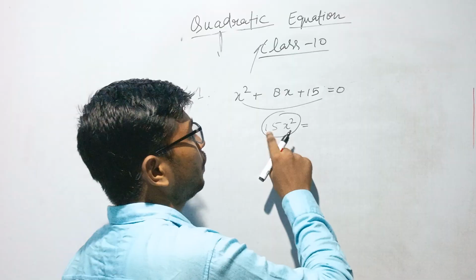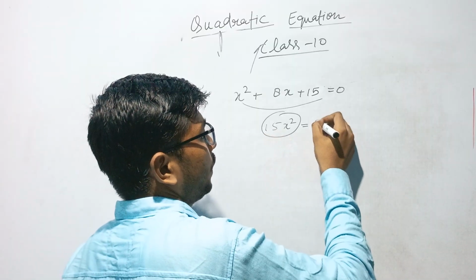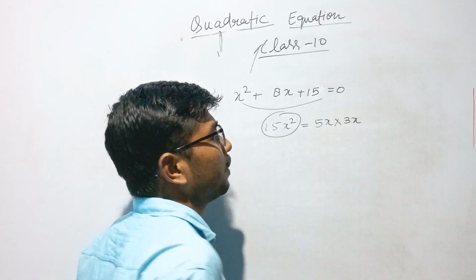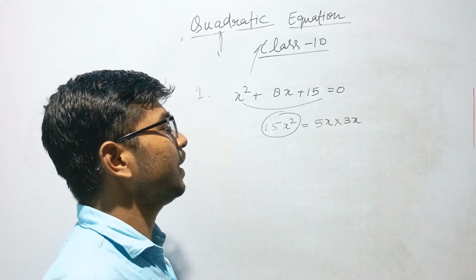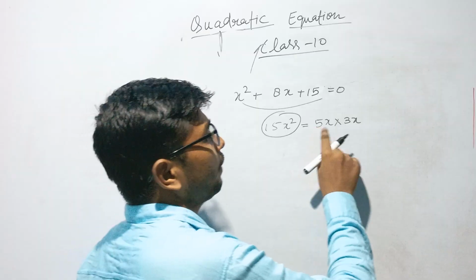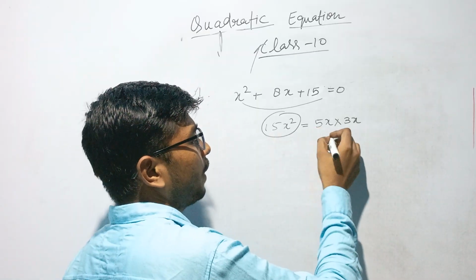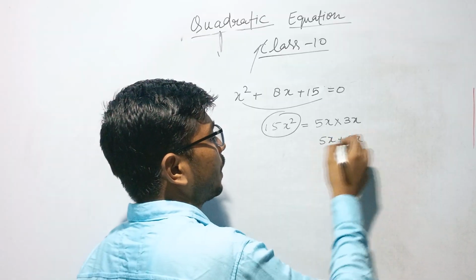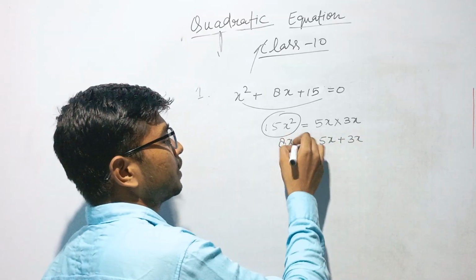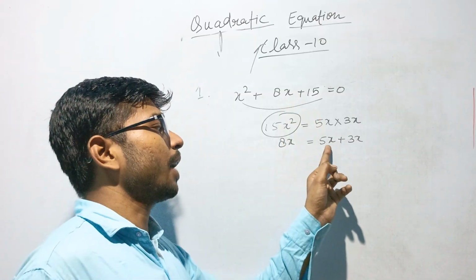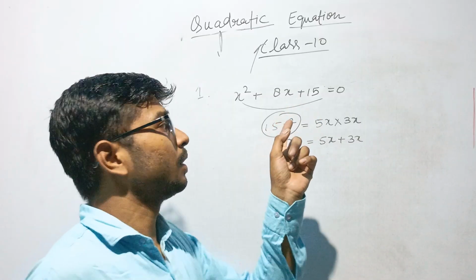If you want 15x square, we have to take 5x and 3x. If you multiply 5 into 3 we get 15x square, and if you add 5x plus 3x you get 8x. So instead of 8x, we will write 5x plus 3x in this question, not everywhere.